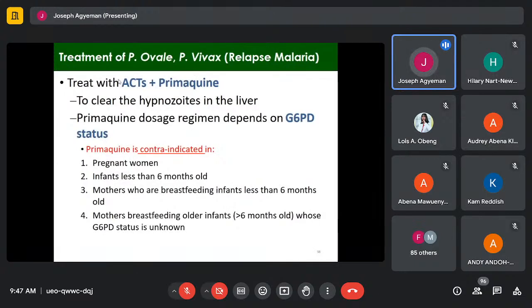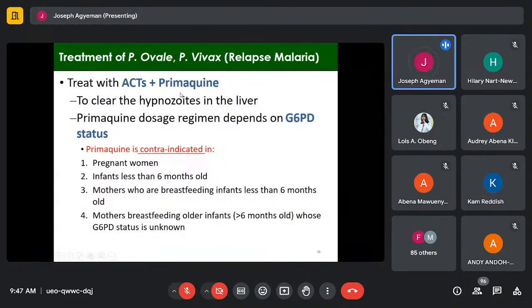a key agent there is primaquine. And of course, if you are killing those in the blood, if the isolate is ovale or vivax or both, then it is important that you also clear the liver stage to prevent relapse.